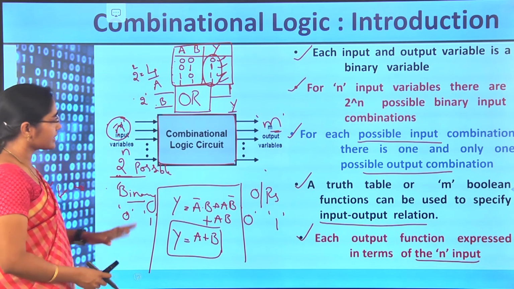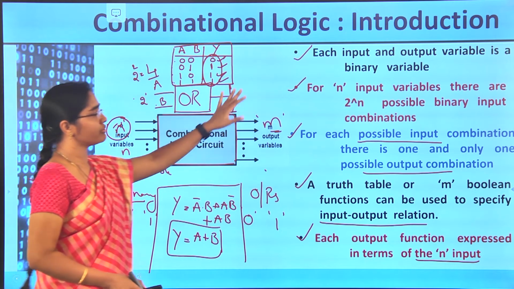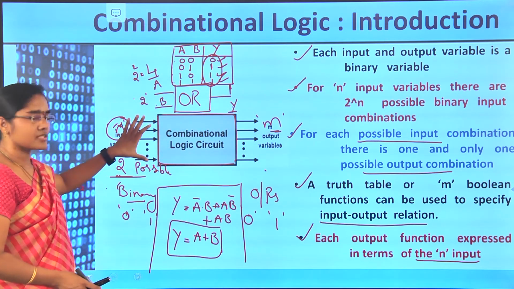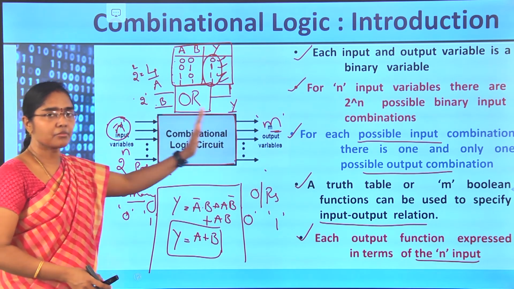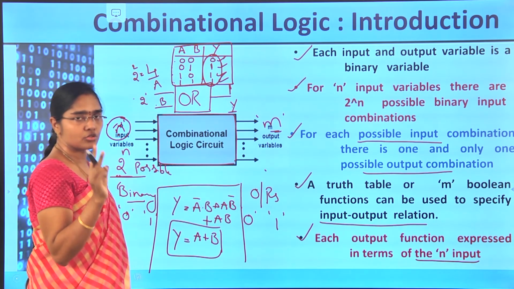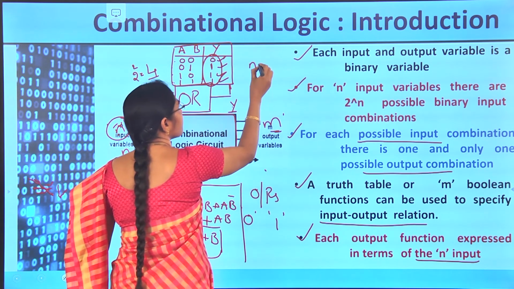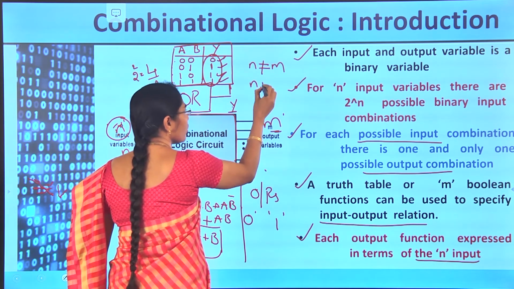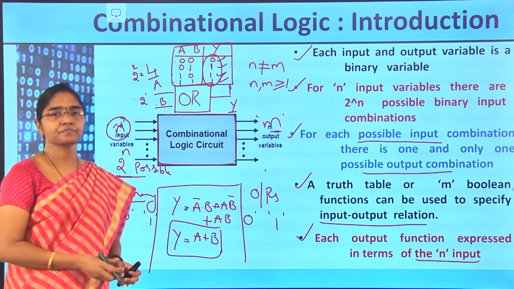Like this, a combinational circuit can be described with the help of these parameters: the number of inputs and the number of outputs. If we have n inputs and m outputs, n and m are two variables, and n may not be equal to m, but n and m are both always at least 1.